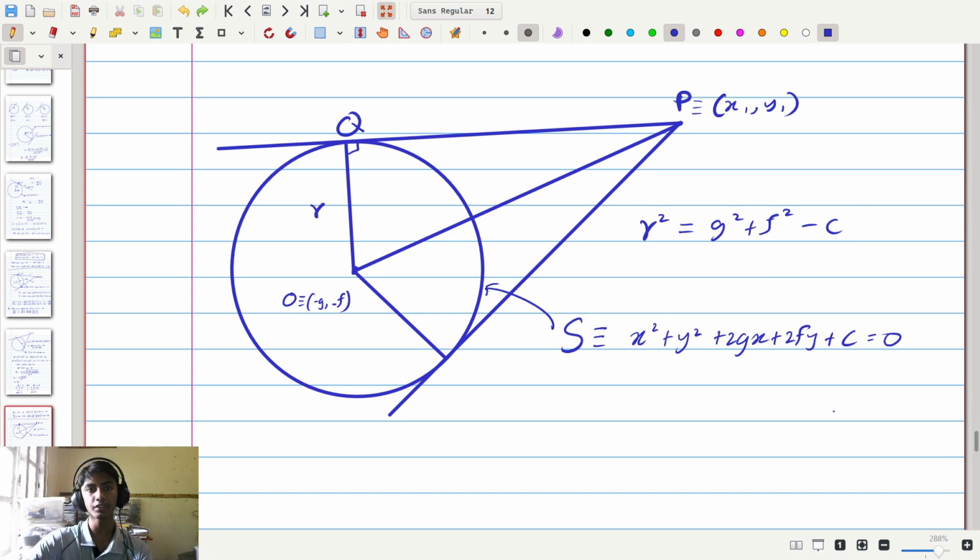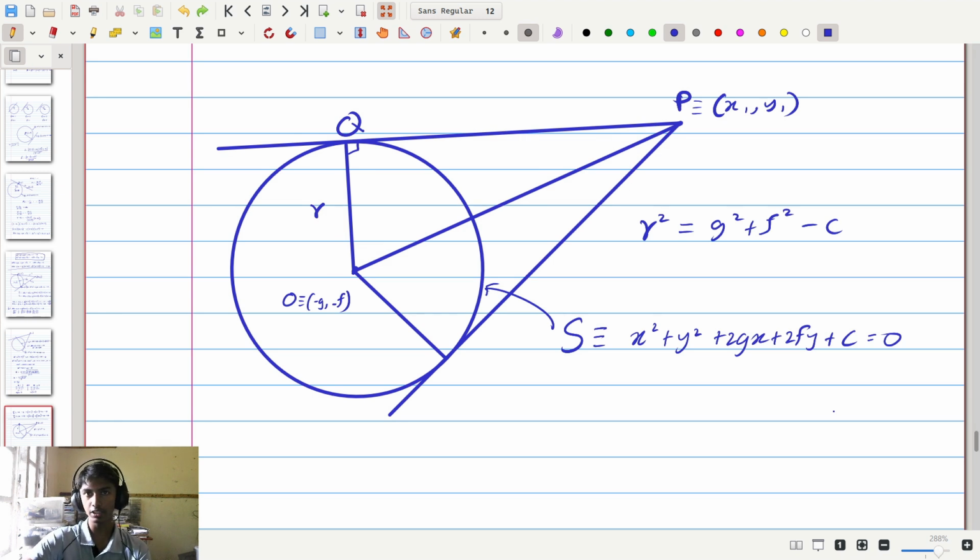Now, let's make some observations. This angle here is 90 degrees. We know that from the radius and tangent being perpendicular to each other. Also consider the length OP. The length OP is opposite to this right angle here. So inside of the triangle OPQ, this side is the hypotenuse. So you can see this is the hypotenuse and these are two other sides, PQ and OQ.